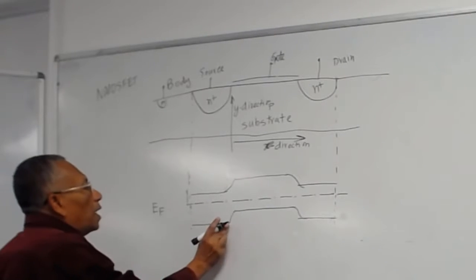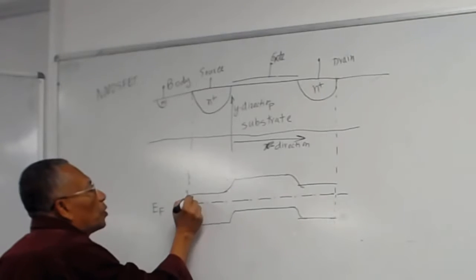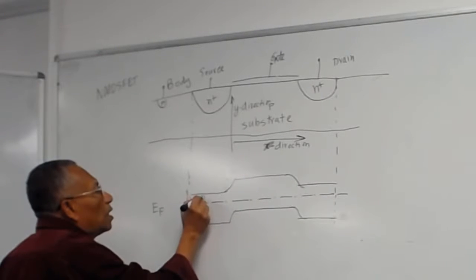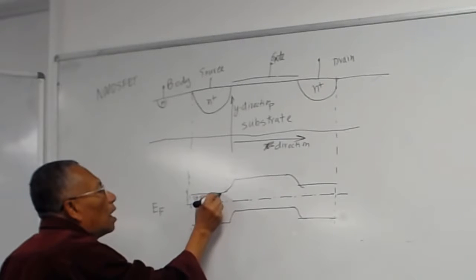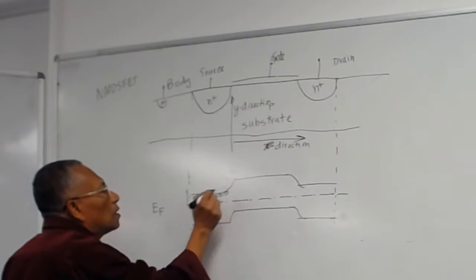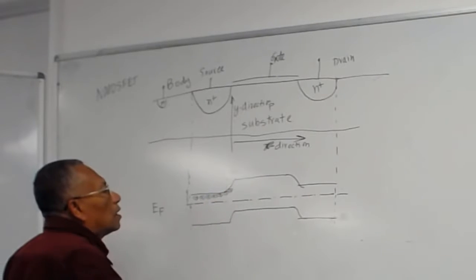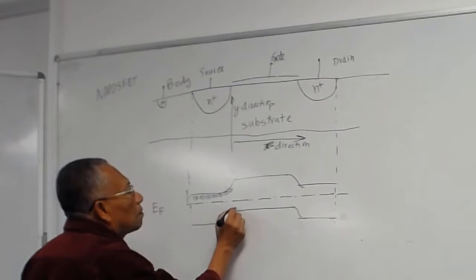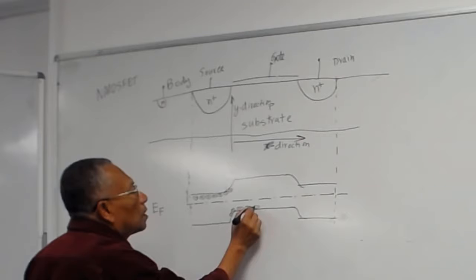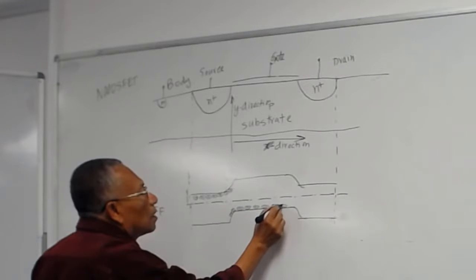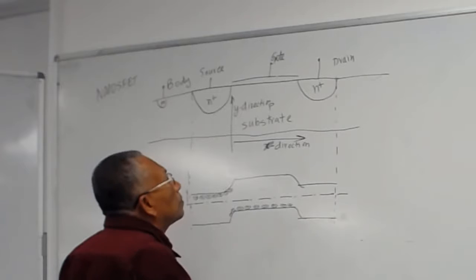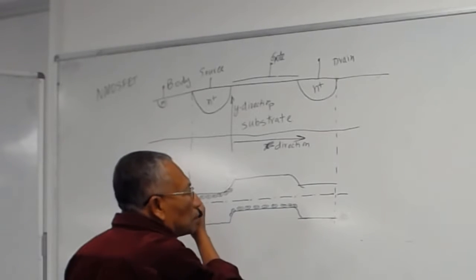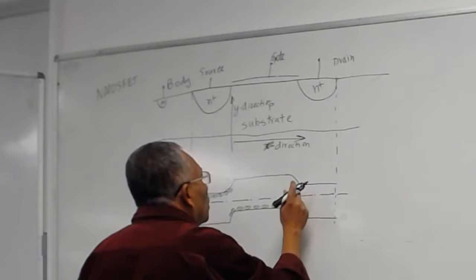Okay, and this is your N side. You can draw all these ions here. And then you can draw your acceptor ions here because it's P type. And then you draw your donor ions here.